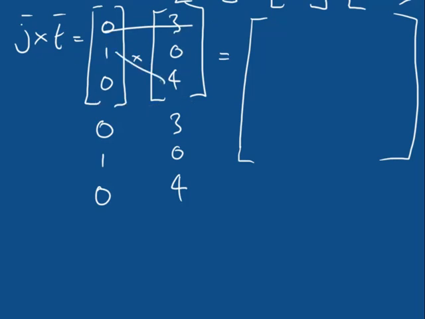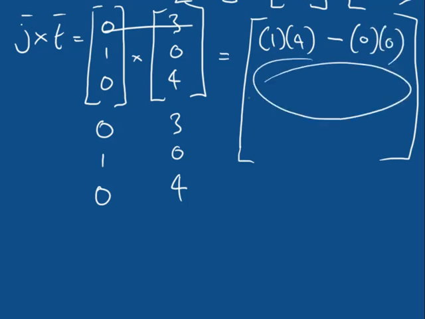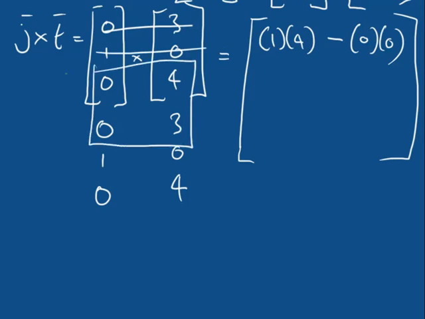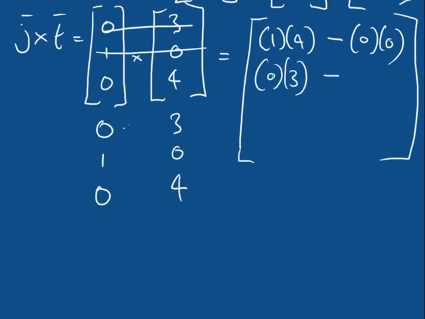Top left multiplied by bottom right, 1 multiplied by 4, minus bottom left multiplied by top right, minus 0 multiplied by 0. Second component, second row of numbers, put a cross through it. Next 2 rows of numbers down, top left multiplied by bottom right, 0 multiplied by 3, minus bottom left by top right, 0 multiplied by 4.